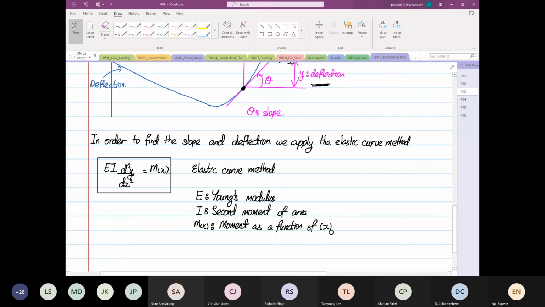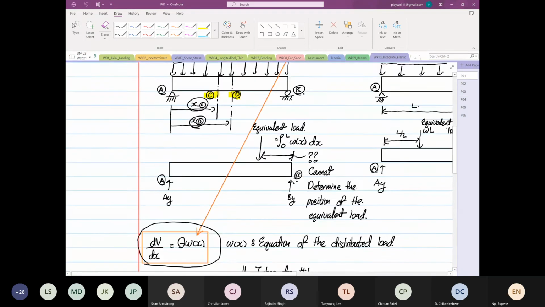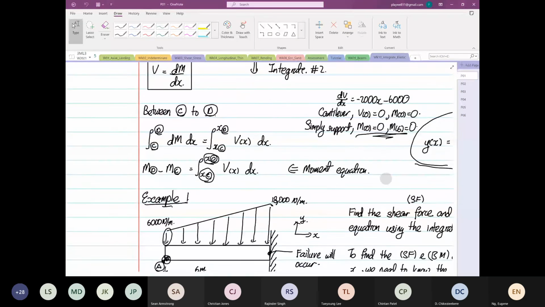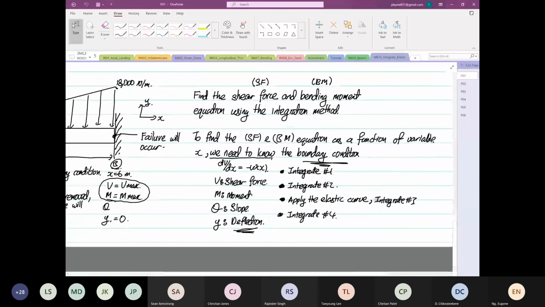So now you can see how we can get our slope and deflection. Now I want to bring you all back to over here when we just started. I will copy this whole thing.